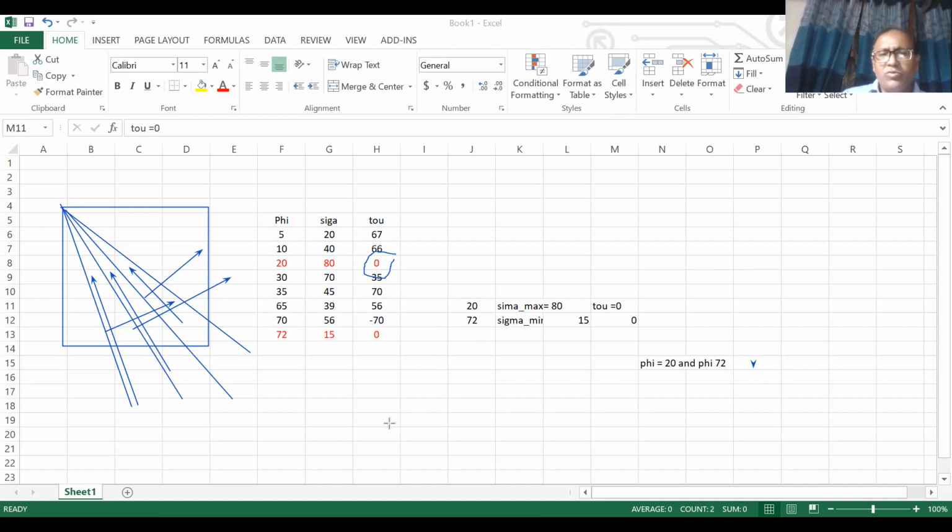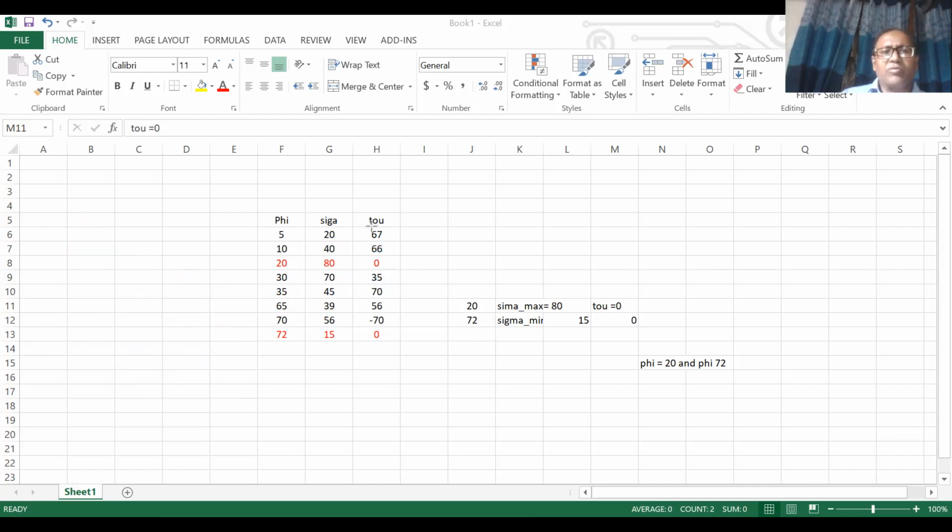Similarly, if you look at the tau, you see at one stage tau is getting maximum and minimum. Say you see at 35-degree angle, we're getting tau equal to 70, and at 70-degree, tau equal to -70.